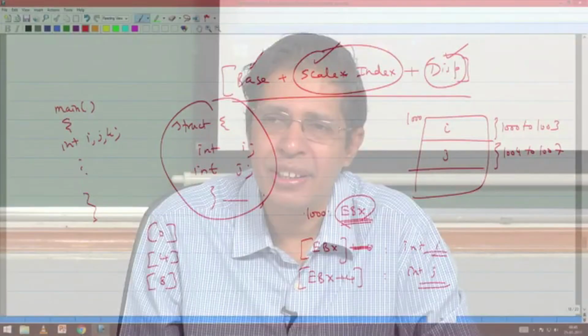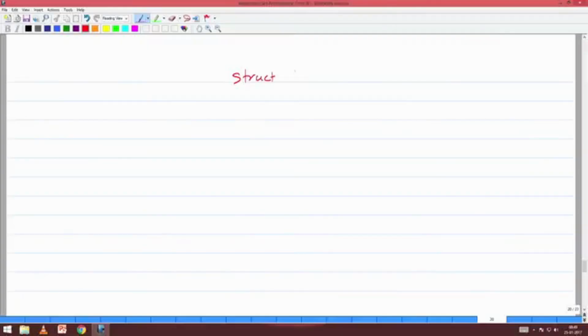Now, can we tell what base plus scale into index plus displacement is? Can you give me one example? So, I can take a struct in which I could have a string, or int, you do some 48 courses, right?